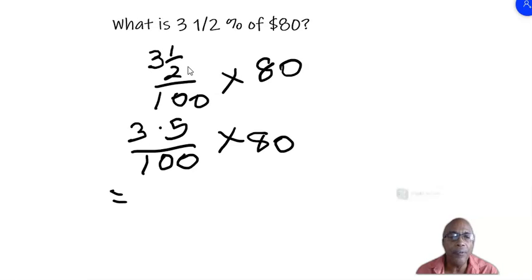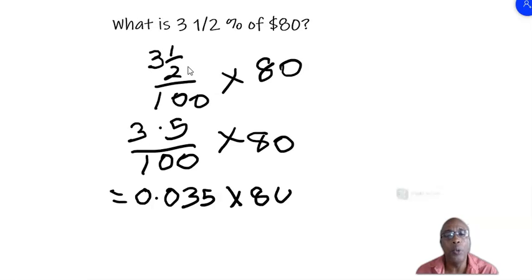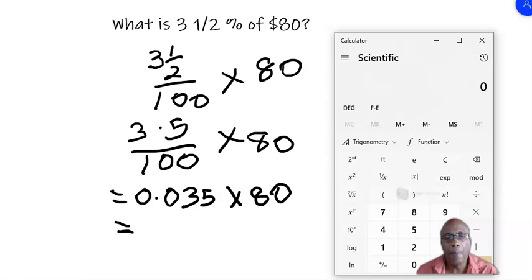So 3.5 over 100 is 0.035. And we multiply by 80. And so we just use our calculators to get the answer. So let me get my calculator.